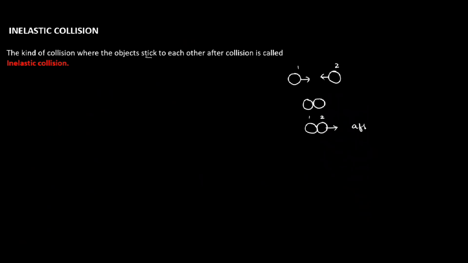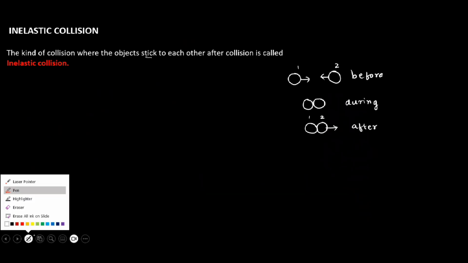So this is after the collision. They stick to each other after the collision. This kind of collision is called inelastic collision. Whenever two objects after collision stick to each other, this kind of collision is called inelastic collision.